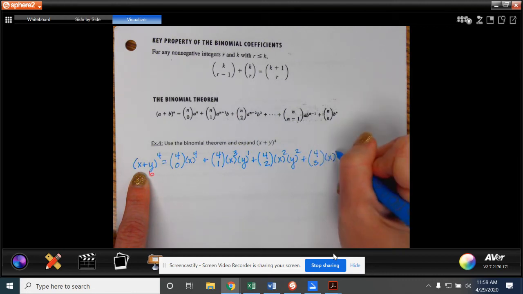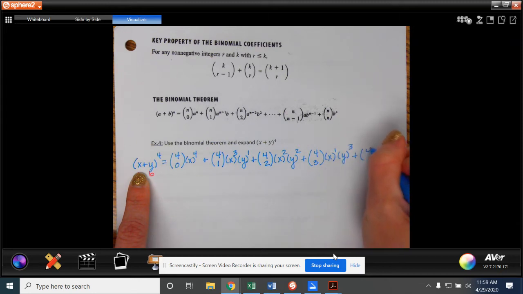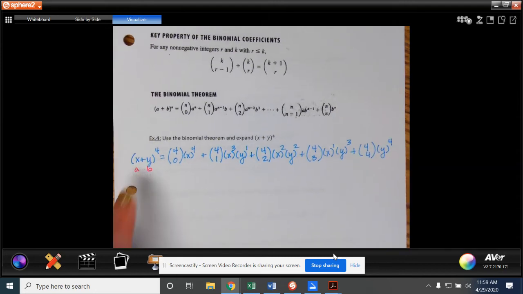So x to the 1st, and then y to the 3rd, plus 4 over 4, and then my x to the 0 is 1, so I'm not going to put it there, and I have y to the 4th.